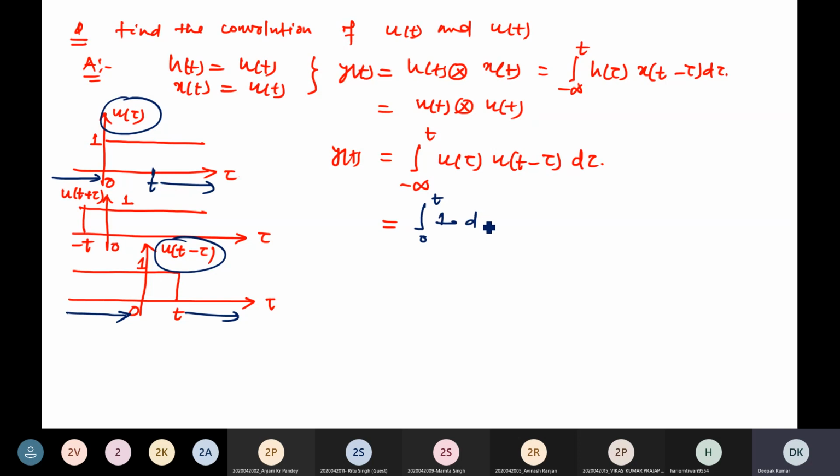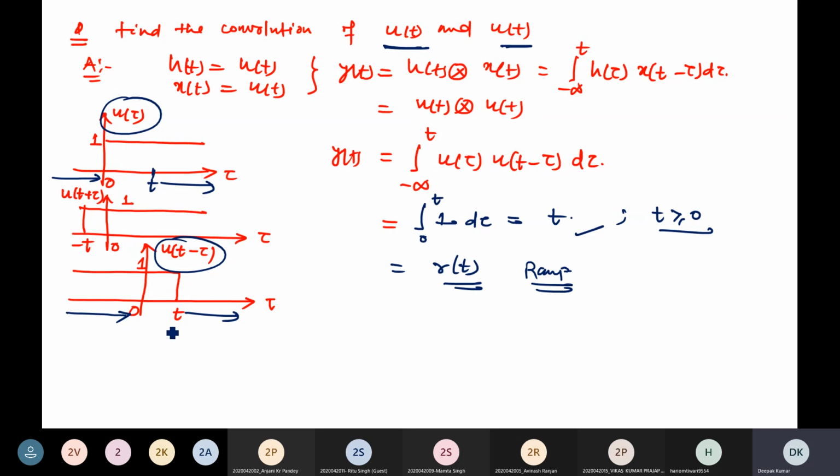If you simplify again, it will be t. So here you can see two step signals are convolved, the result is t, with the condition t greater than or equal to 0 given. That is a ramp signal. So if you convolve two unit step signals, it will be a ramp signal.